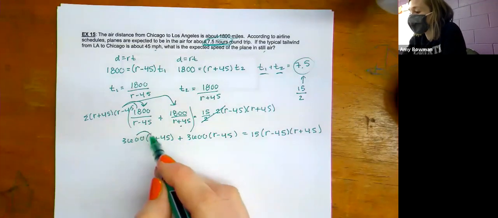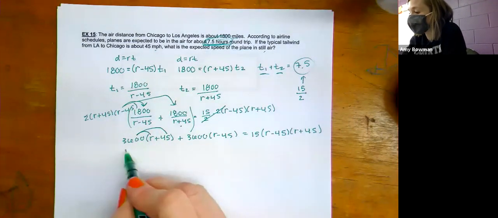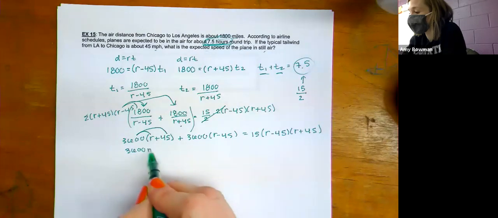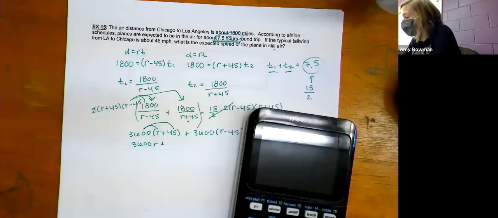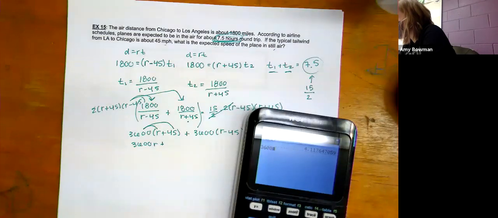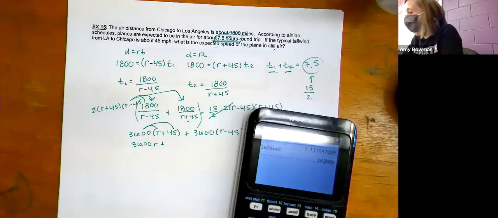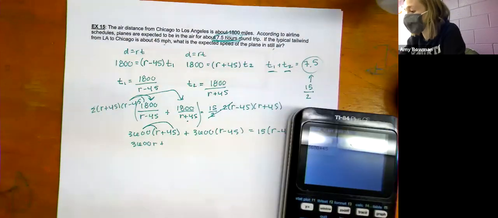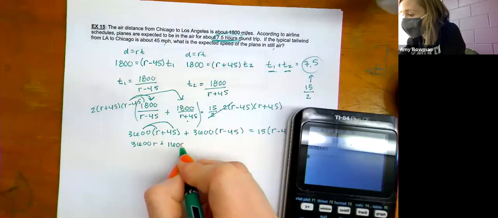So we're going to distribute the 3,600. Don't get nervous about these large numbers. So 3,600 times 45 is 162,000.